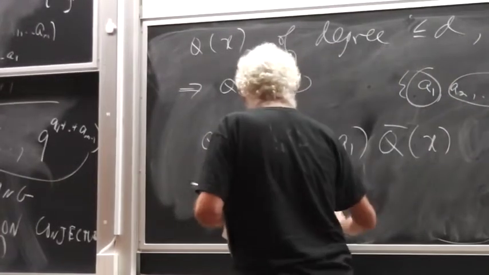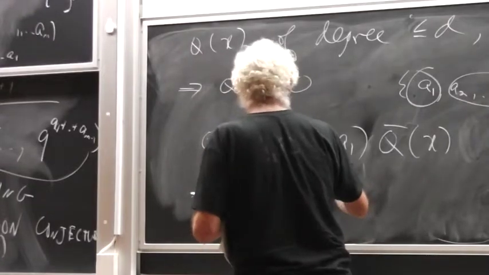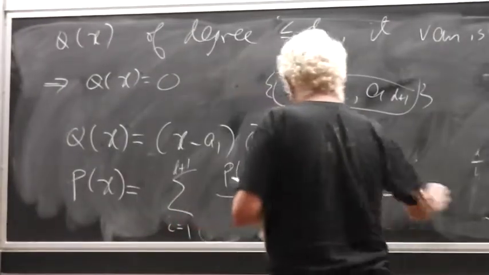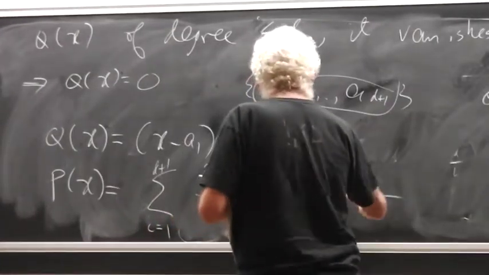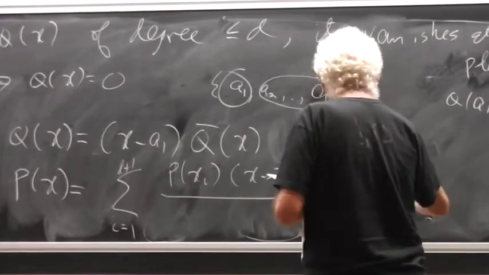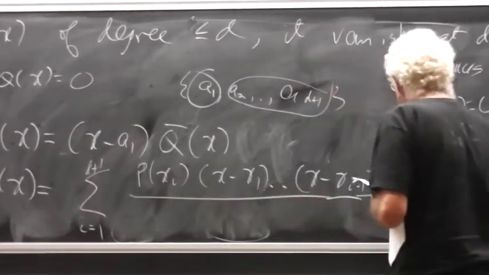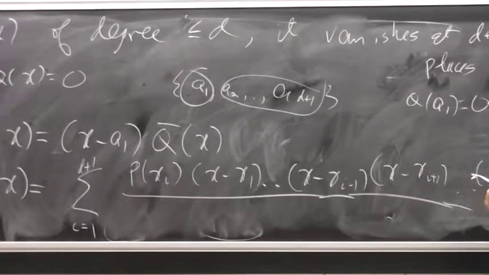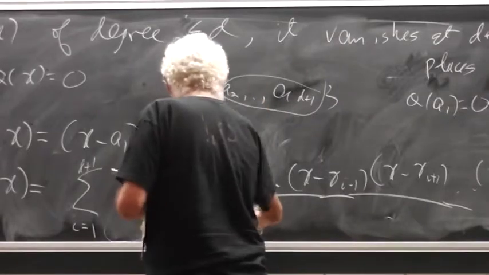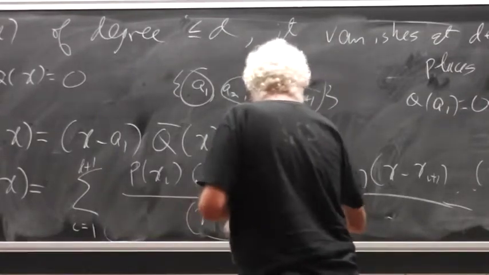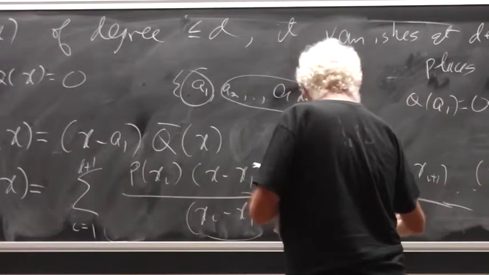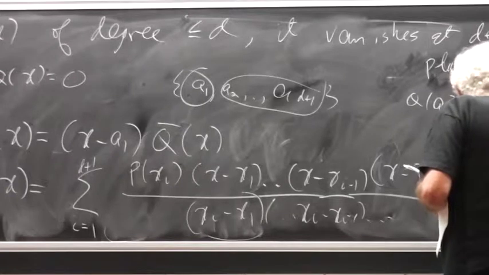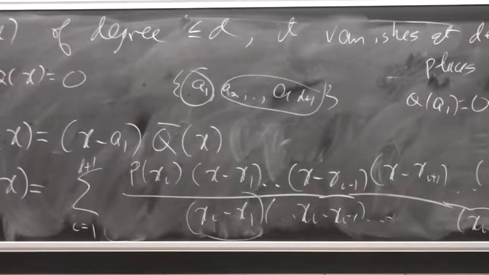It's the sum over i from 1 to d plus 1 of p of x_i times (x minus x1) ... (x minus x_{i-1}) times (x minus x_{i+1}) ... (x minus x_{d+1}), divided by (x_i minus x1), ..., and so on. So this is the beautiful Lagrange interpolation formula.